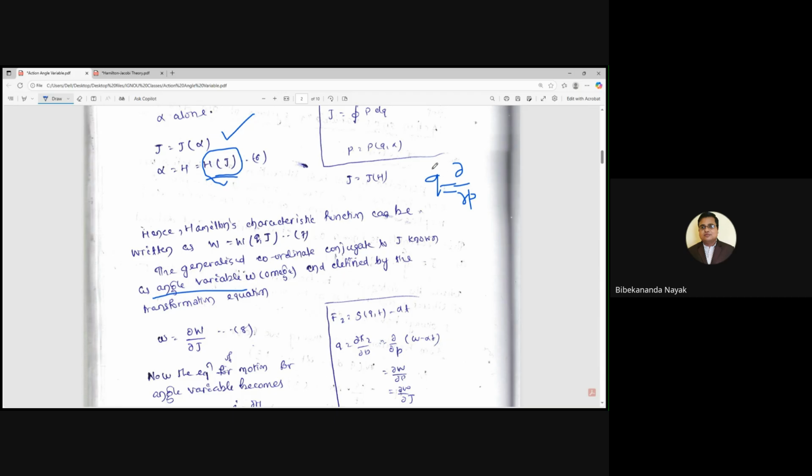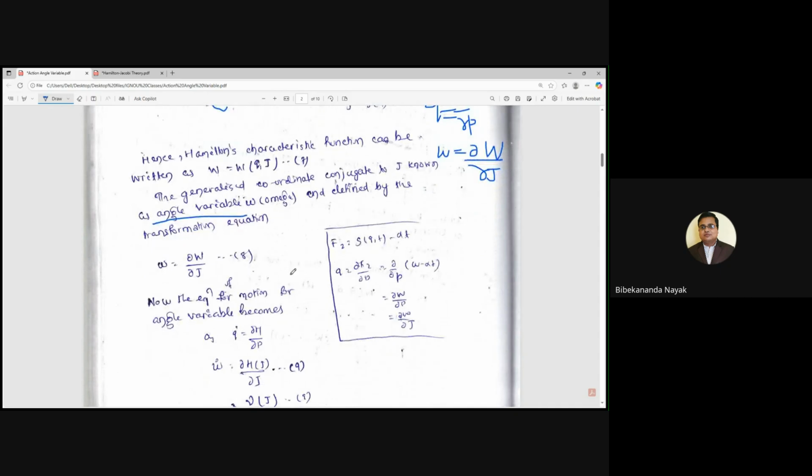So Q dot is equal to del H by del P. Similarly, in the case of angle, we take angular velocity omega. Angular velocity means the derivative of angular displacement, and it must correspond to the angular momentum J, so we take some quantity whose derivative we take as w here.